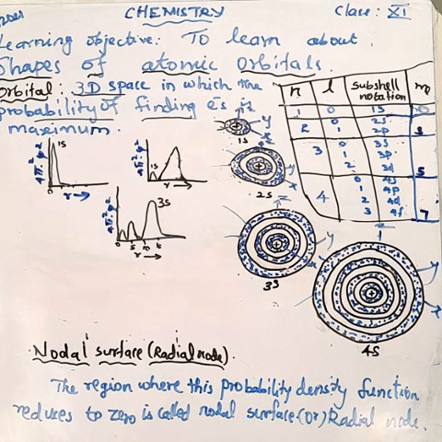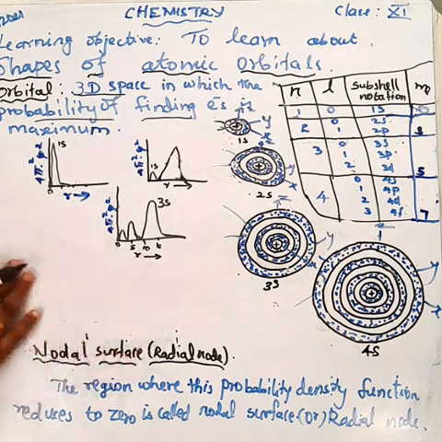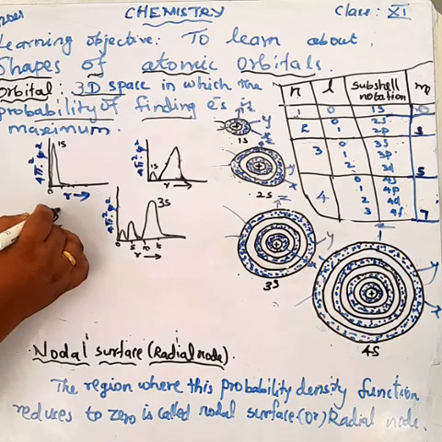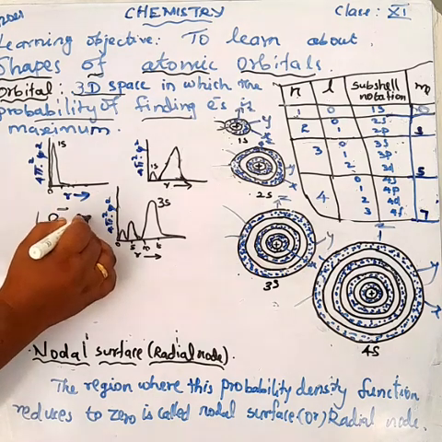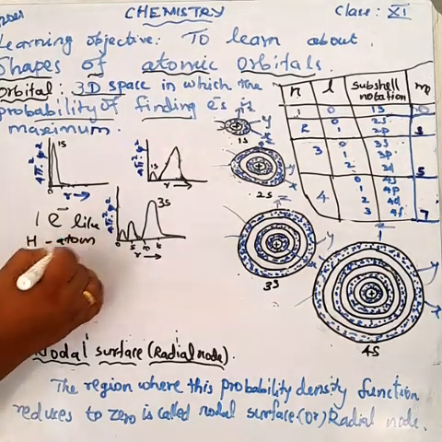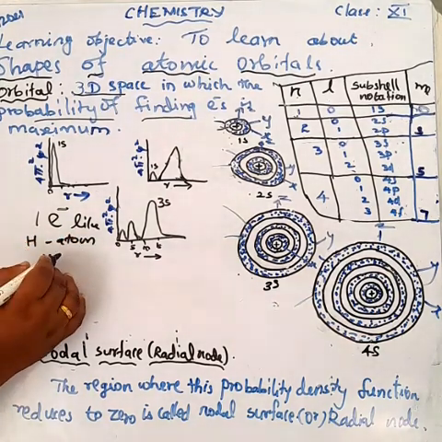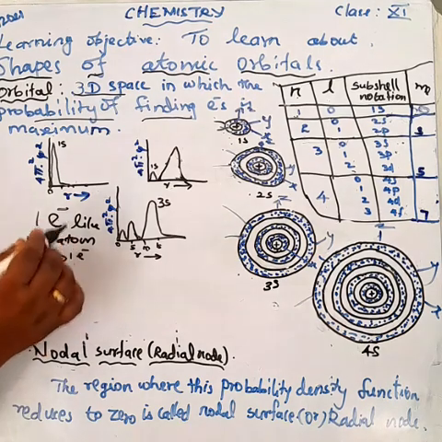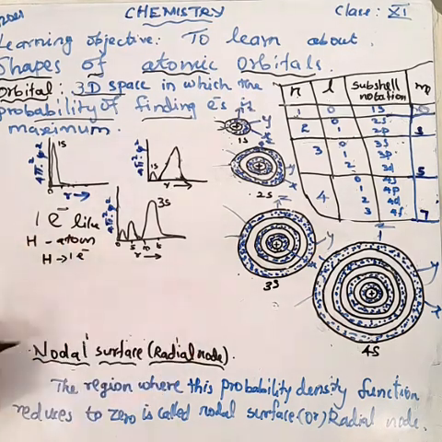Now let us discuss the shape of the s orbital in a one electron system. In a one electron system like the hydrogen atom, the orbital can be represented in the form of spherical polar coordinates.